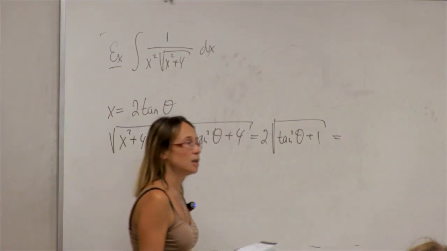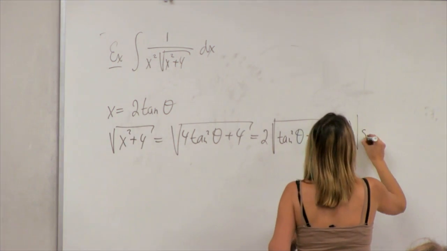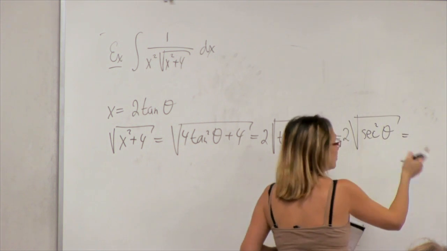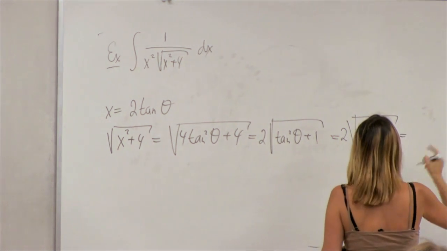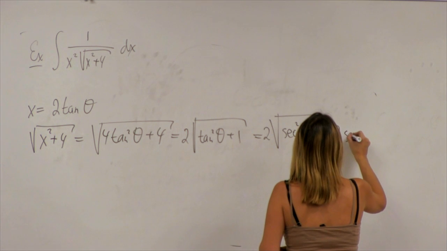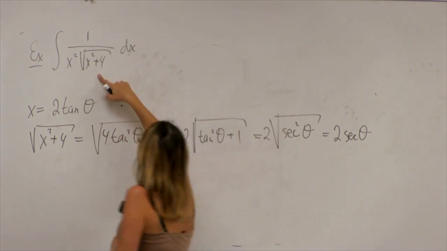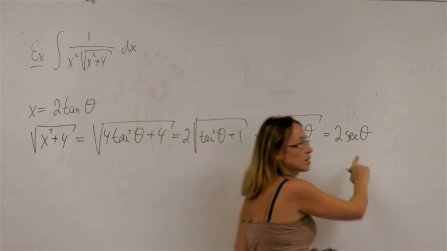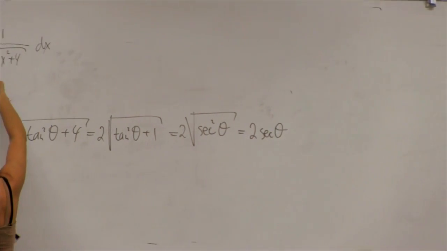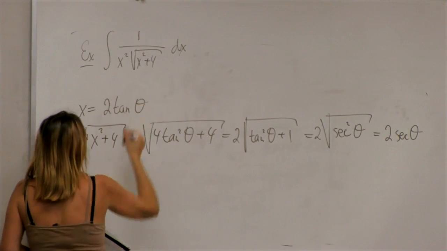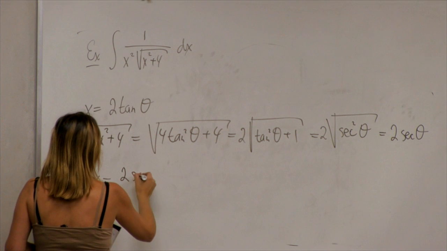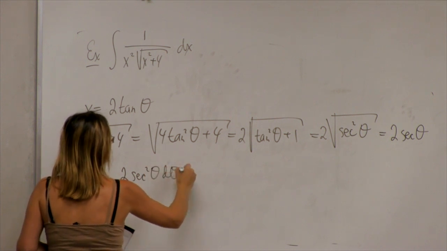It immediately comes in here. So I have 2 square root of secant squared, and because it's guaranteed to be a positive quantity by the restriction of theta, I can simply say that this is a secant. So this square root simplifies tremendously. I just have to see what happens to the rest of this integral. So x squared is easy, we express it from here. Dx can be just calculated. So I have 2 secant squared theta d theta.